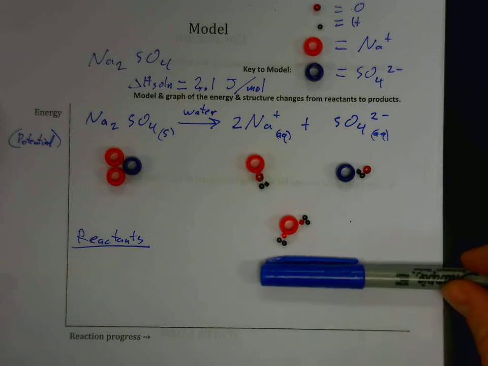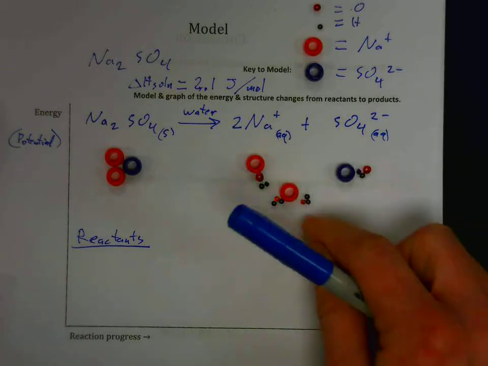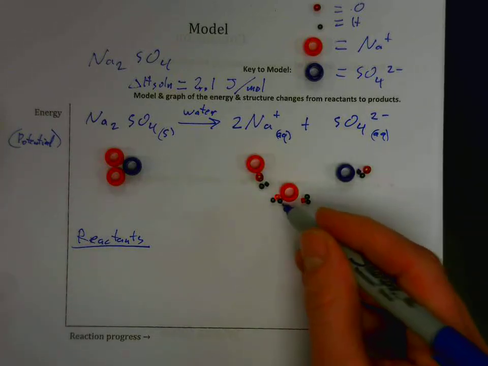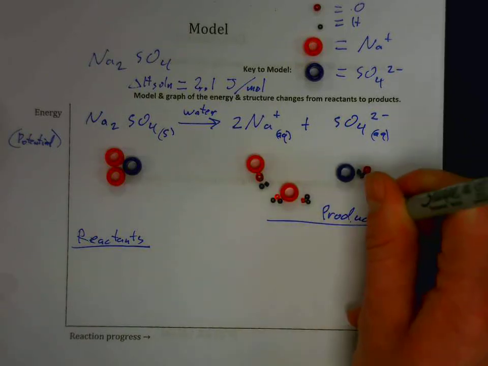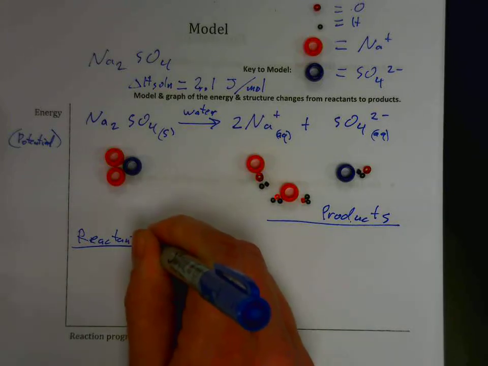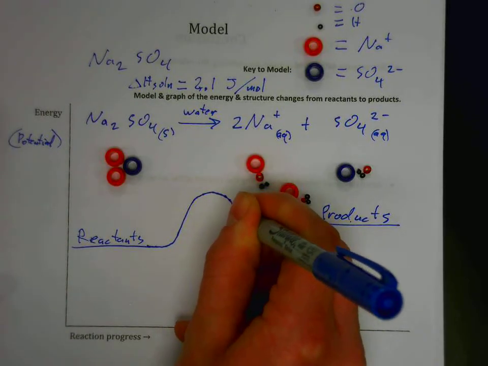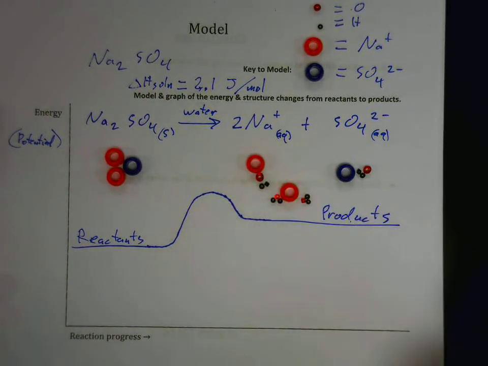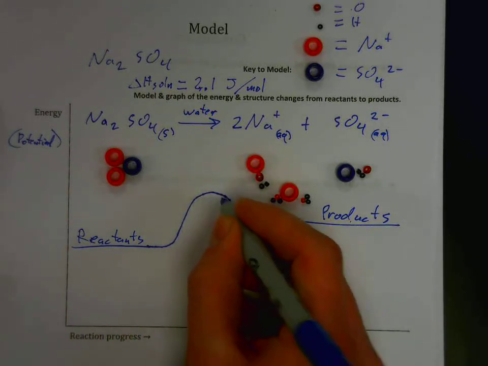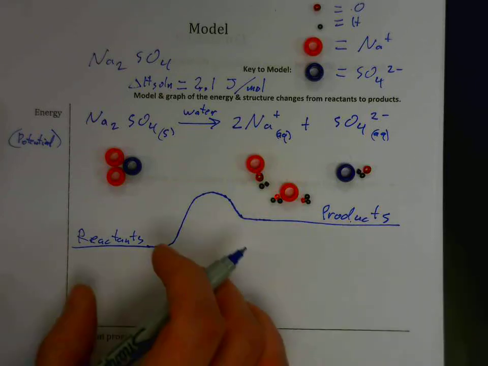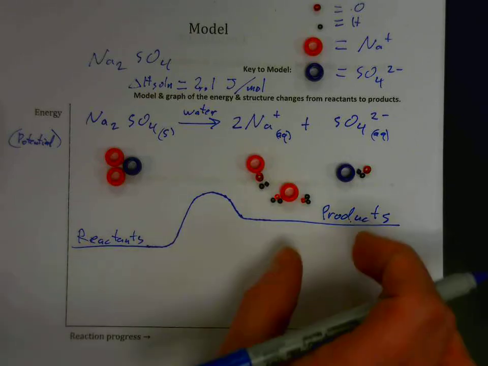Let me make a little space here. Move this out of the way. And so as a result, I have my products. Now, this process would need some activation energy in order for it to get started. So we illustrate that activation energy with sort of a hump here. Energy has to be put in. And so this illustrates the progress of the reaction, or the energy change as the reaction occurs.